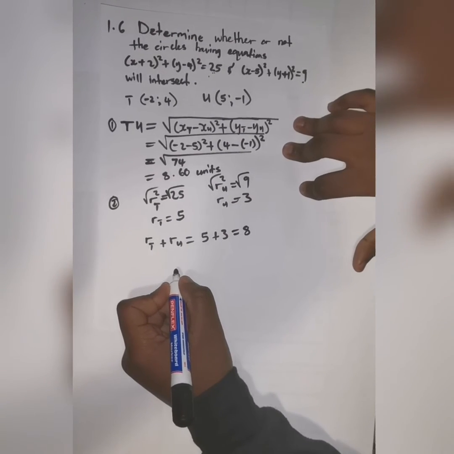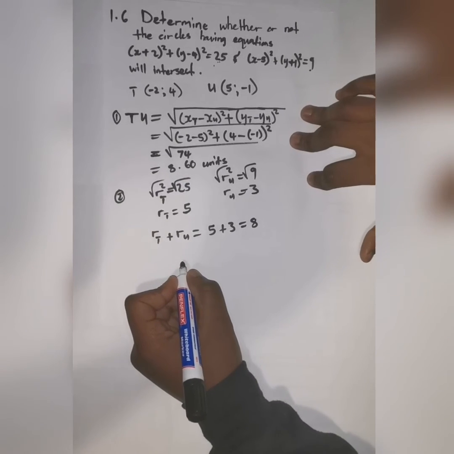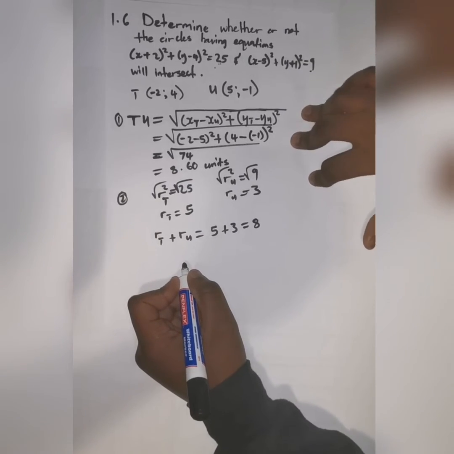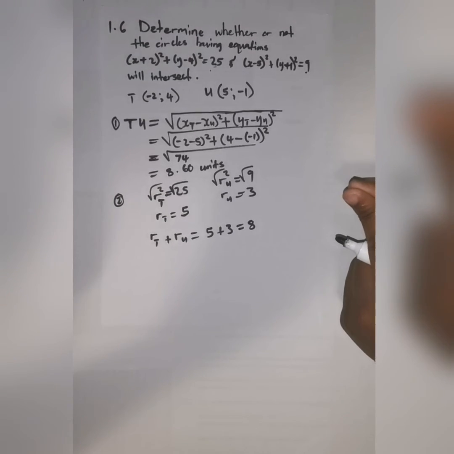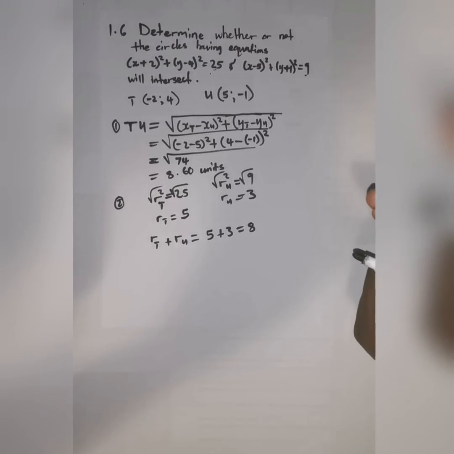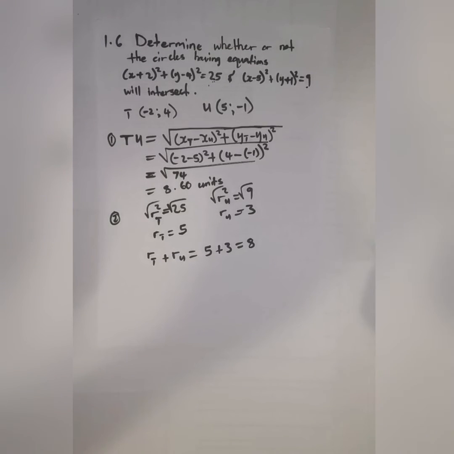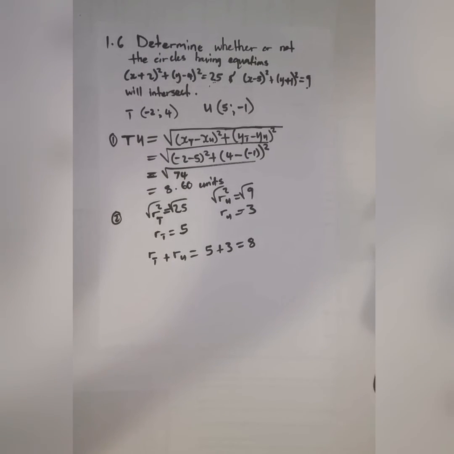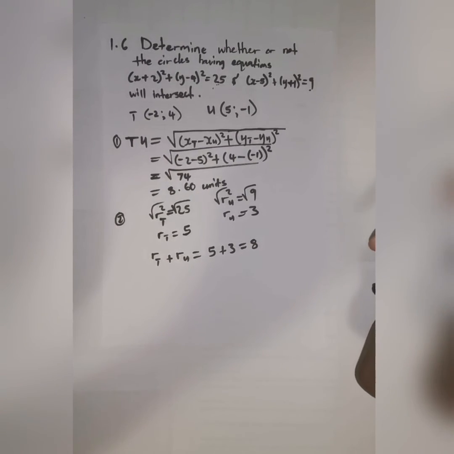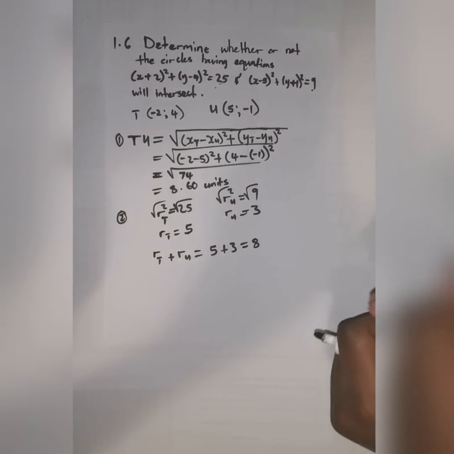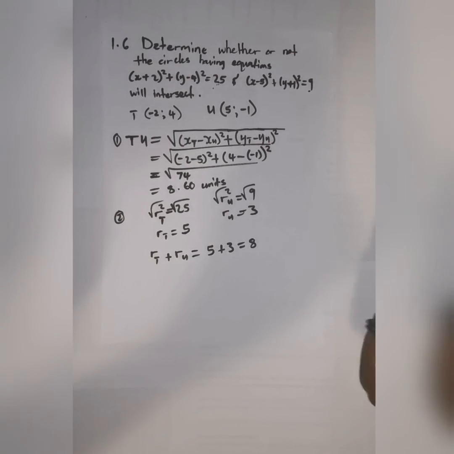To determine whether they will intersect, there are 3 conditions. The first says they intersect at 1 point, the second says they intersect at 2 points, and the last says they do not intersect at all.